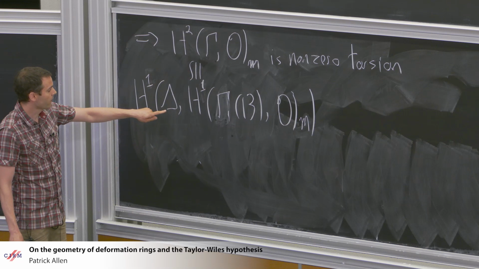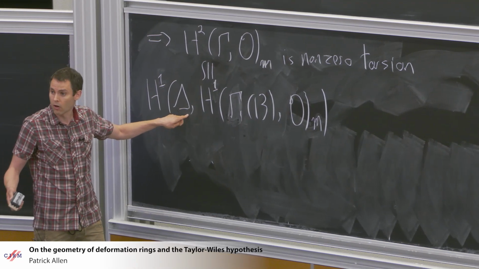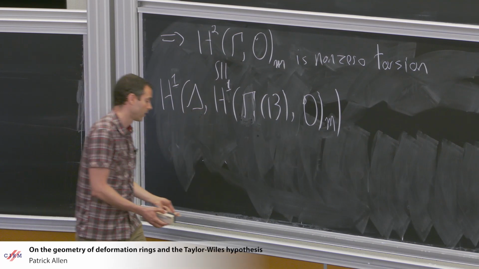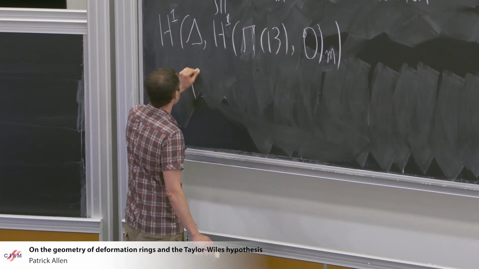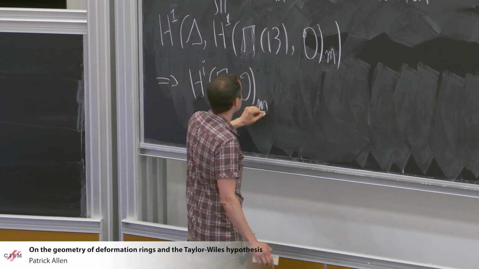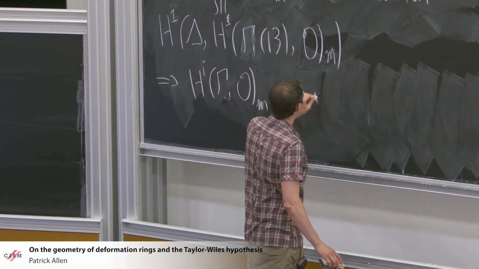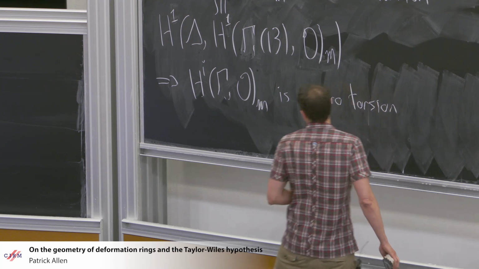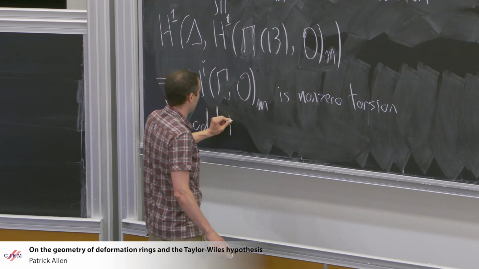But now if you have a finite group and you have non-zero cohomology in degree 1, you also have non-zero cohomology in all odd degrees, right? Finite cyclic groups have this periodic cohomology. And so then you end up deducing that H^i of gamma with O at this non-Eisenstein maximal ideal is non-zero torsion for all odd i bigger than or equal to 1.